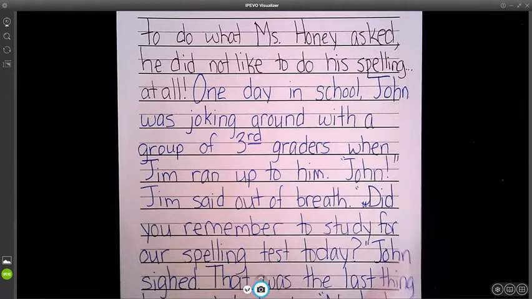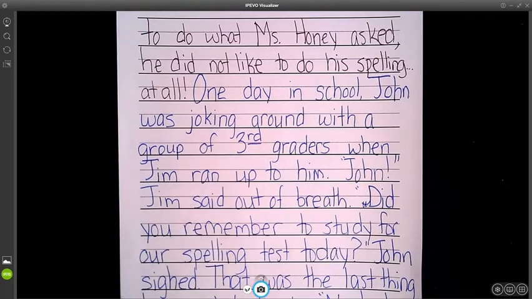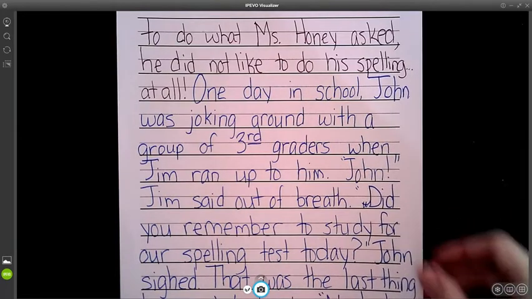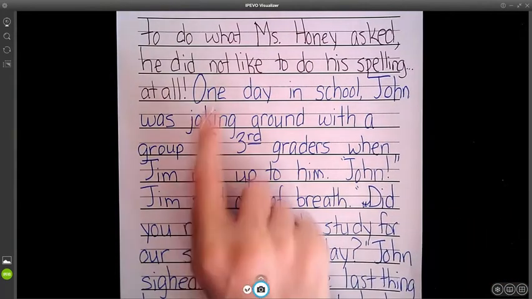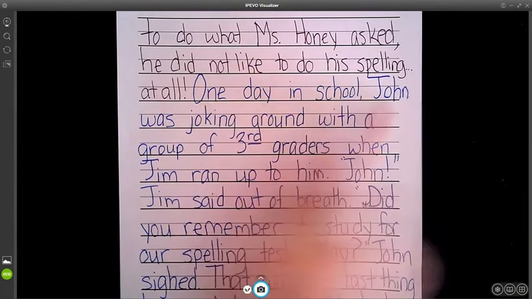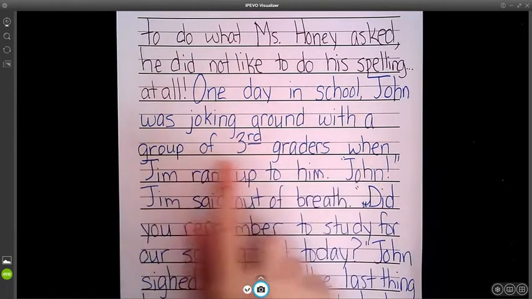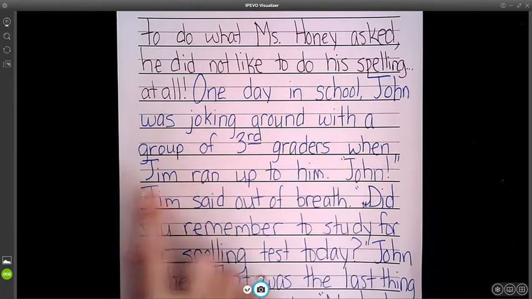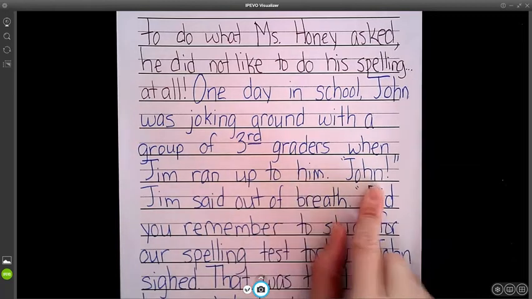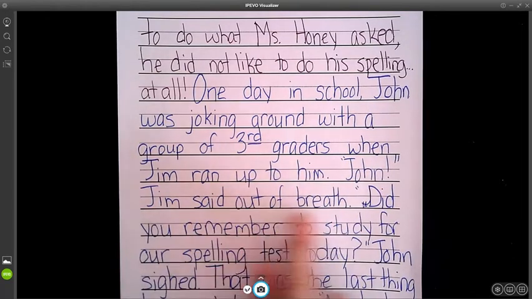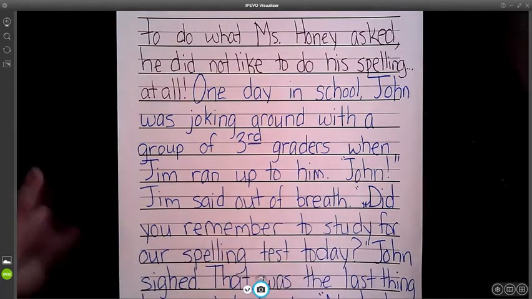Now, here is where I added my step-by-step, what my character is doing step by step. One day in school, John was joking around with a group of third graders when Jim ran up to him. "John," Jim said out of breath, "did you remember to study for our spelling test today?"